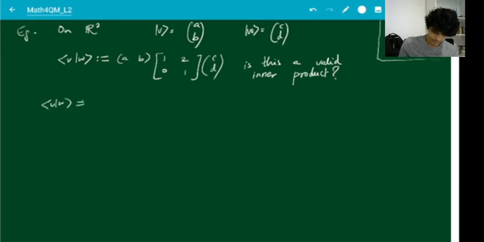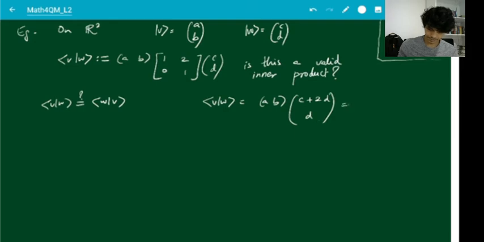Is VW equal to WV? So VW, by definition over here, is AB times, what is this, C plus 2D and D. I'm just doing matrix multiplication. So this becomes AC plus 2AD plus BD.